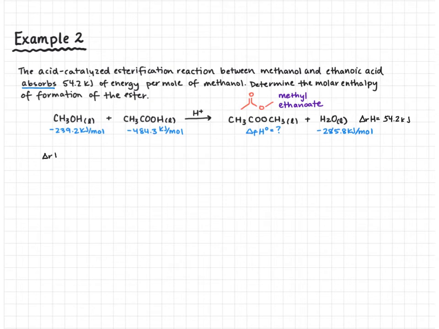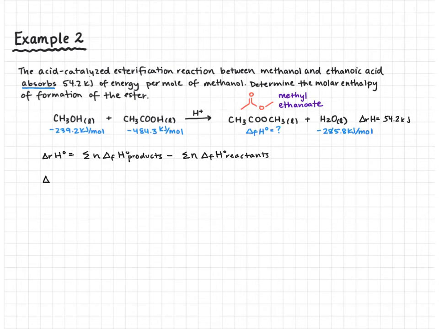So we're going to write down our equation. Our reaction enthalpy is the sum of the coefficients times the formation enthalpy of our products minus the sum of the coefficients times the formation enthalpy of our reactants.